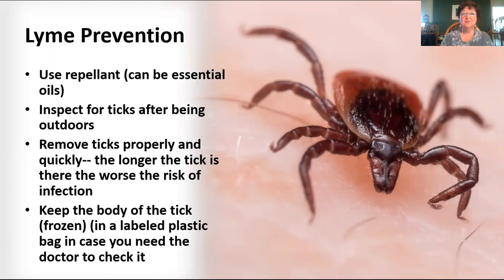I also talked about when you're bringing an animal into the woods with you, one thing to use is diatomaceous earth. Now, diatomaceous earth is crushed seashells and algae. The tick doesn't like to get past that, so it can protect the skin of the animal.